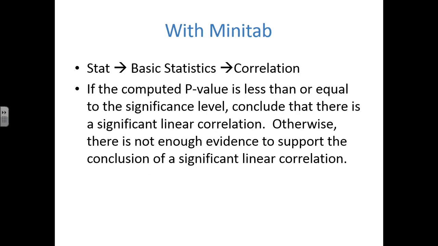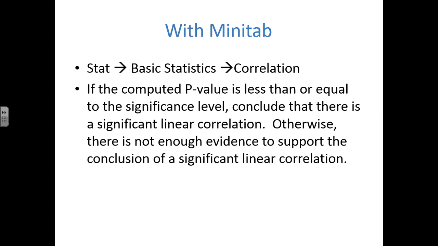So we're going to look at correlation and compute the correlation coefficient using Minitab. You're going to go to Stat, Basic Statistics, and then Correlation. Then it will give you the correlation coefficient as a number between -1 and 1 inclusive. But what you can really see is whether it is close enough to 1 or -1. You can look at the computed p-value. If that is less than or equal to the significance level, then we conclude that there is a significant linear correlation.